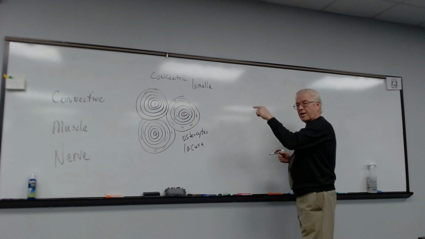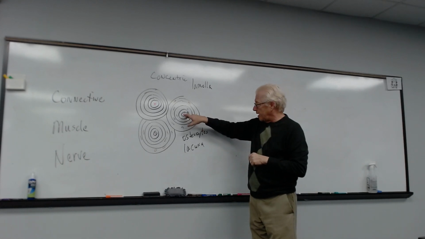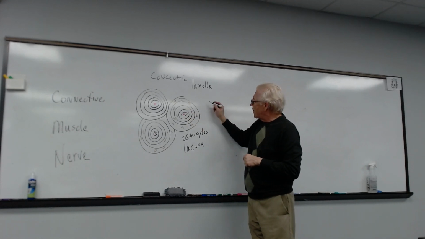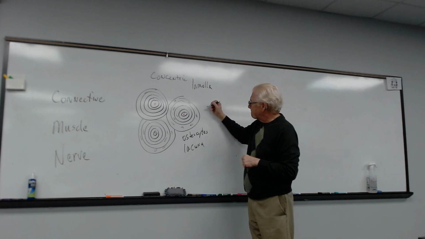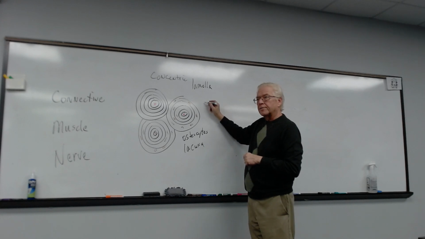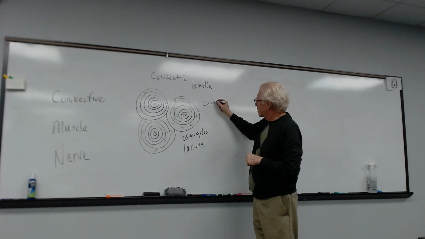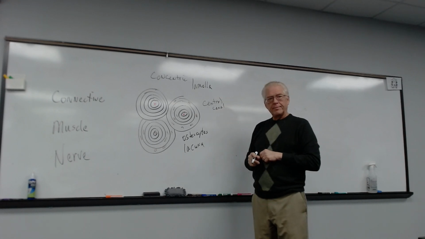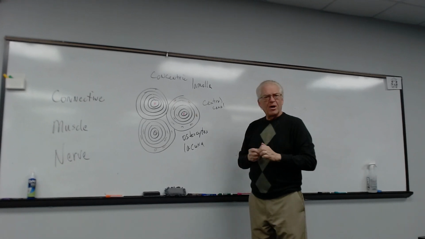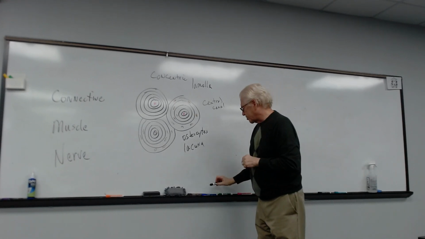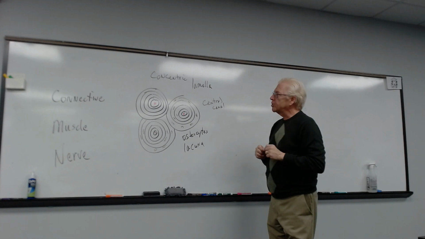They go round and around and around. And this one here in the middle where the blood vessels are, that is called the central canal. Okay? Cool. And they're named other things when you get to 210. So I don't want to get you too shocked yet.